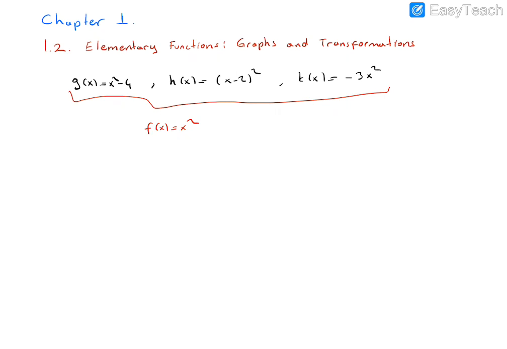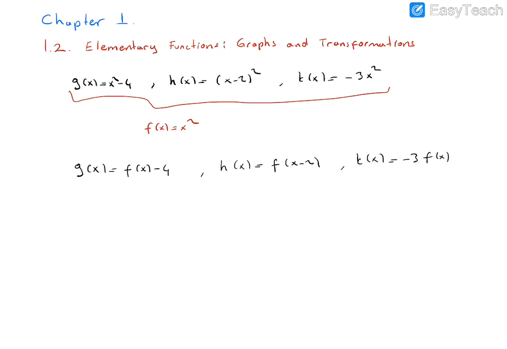For example, we can express g of x equals f of x minus 4, h of x equals f of x minus 2, k of x equals minus 3 times f of x.